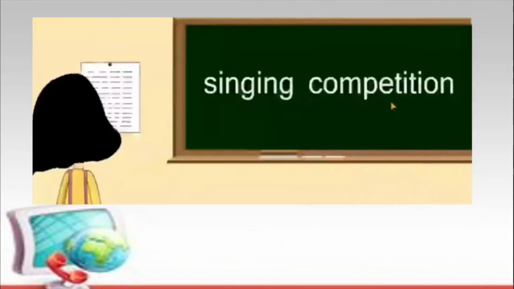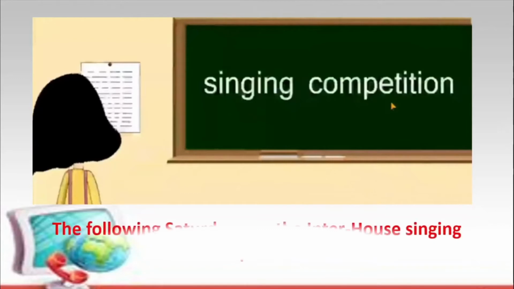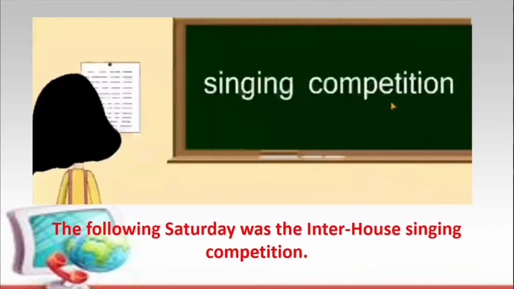Okay? Now after some days in school, there is a singing competition. There is an inter-house singing competition in school. Now Rima has participated in the English song category. Now Rima is going to sing a song in English. Now our friend Malti, she also signs up for the singing competition, but she is going to sing a song in Hindi.